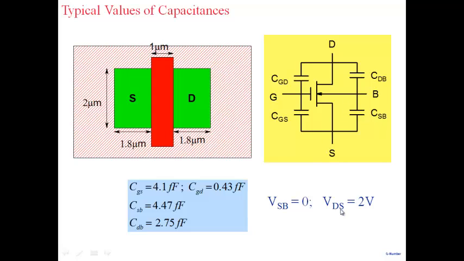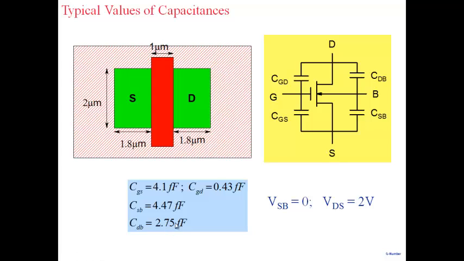Drain to source voltage is 2 volt, source is ground, drain is at 2 volt. Based on that, with the transistor biased in saturation region, the capacitance values you can see here. CGS is 4.1 femtofarad. Note, the values are in femtofarad. These are small capacitances. CGD is small, 0.43 femtofarad. Source to body capacitance is large, 4.47 femtofarad, and drain to body capacitance is comparable, 2.75 femtofarads.